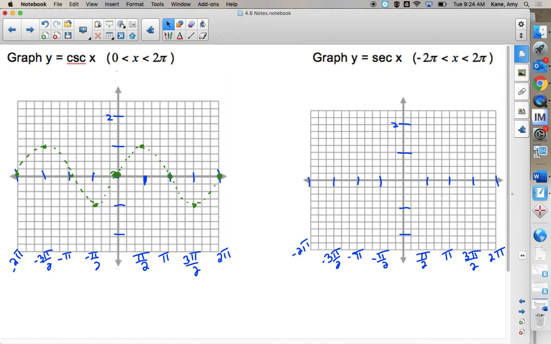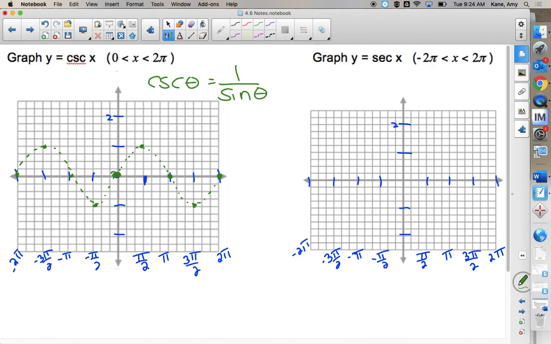If the sine is 0, it would be undefined. On your chart, to find cosecant, you have to take 1 over sine. Remember, the cosecant of an angle is 1 over the sine. Well, if sine is 0, now I have 1 over 0. So at the angle 0, it's undefined, and we know undefined means you have an asymptote in the graph. So if sine is 0, my cosecant is undefined.